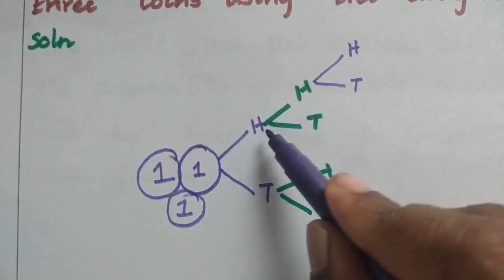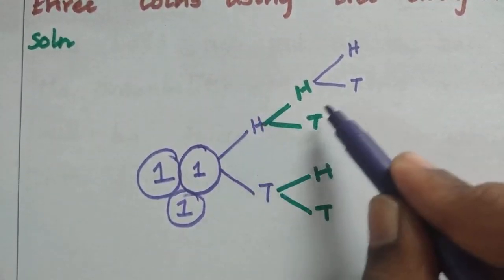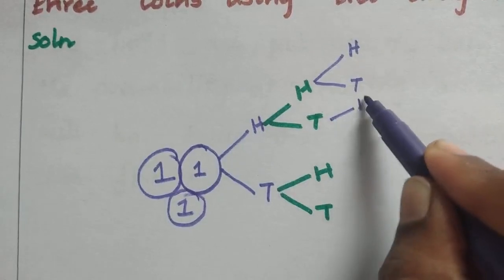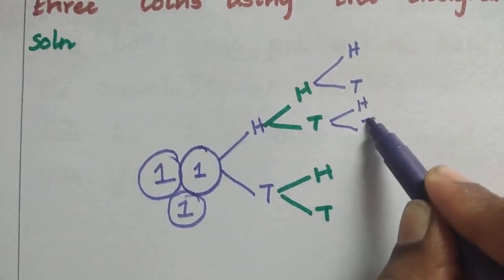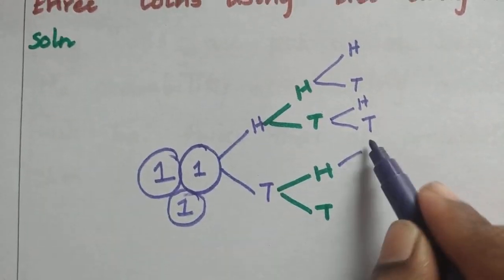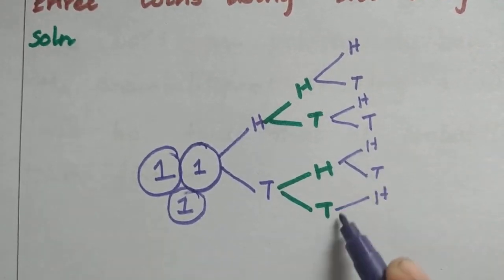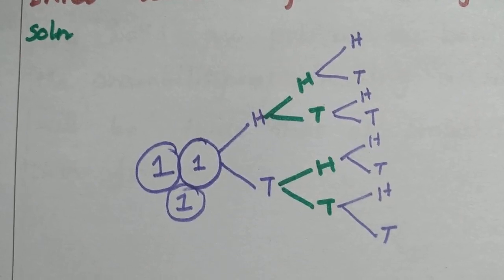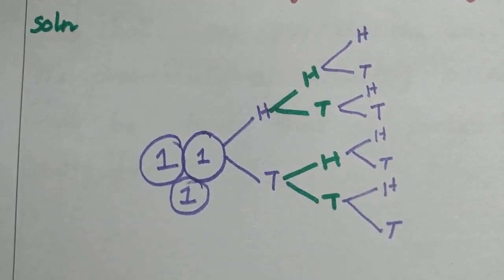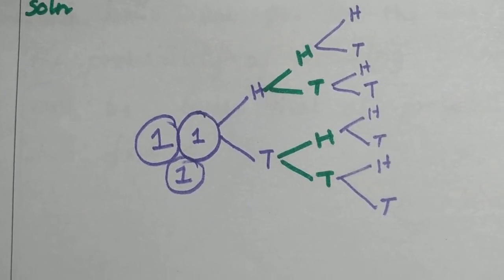And here, head in the first coin and tail in the second coin, and the third coin may be a head or tail. So it is applicable for all the cases. So this is a tree diagram for tossing 3 coins. Now we have to write the sample space for this one.